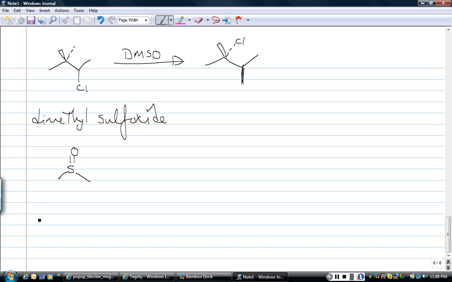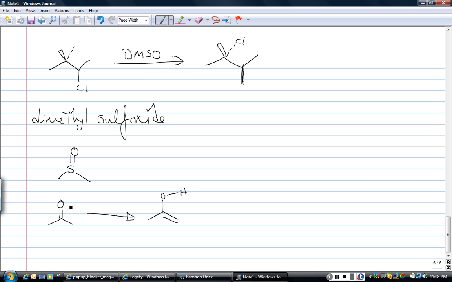If, for example, I were to take this compound, I might find that this compound might rearrange into this one. And essentially what happened is I moved a proton from here to here. Basically I moved one of these H's onto this oxygen.